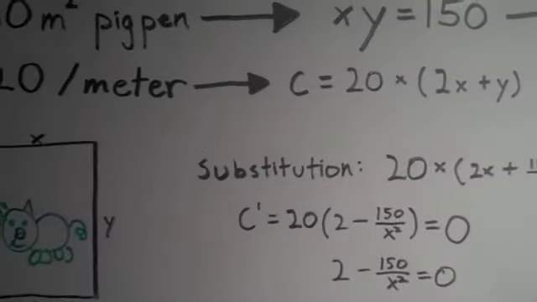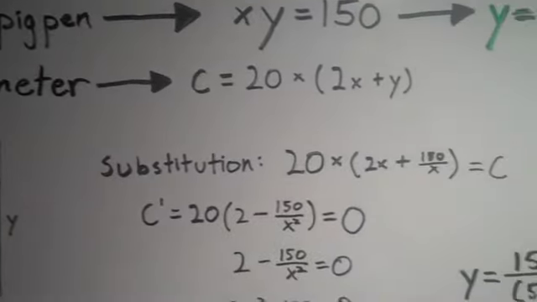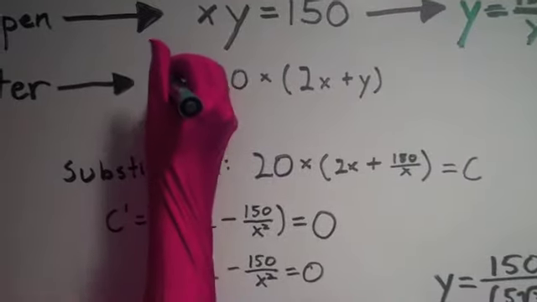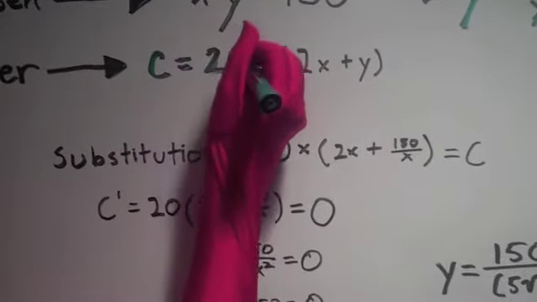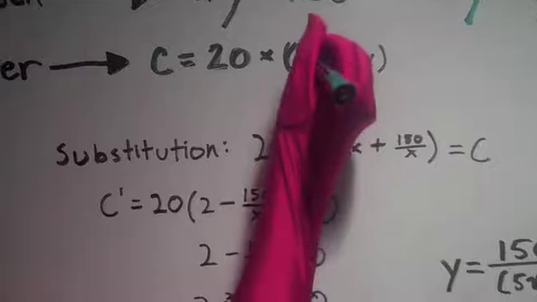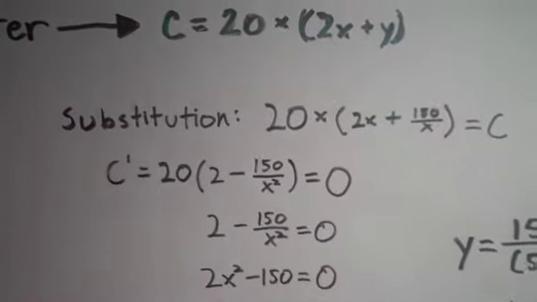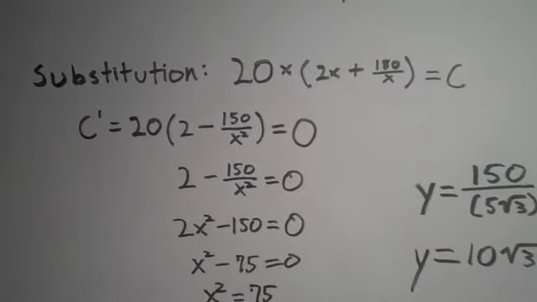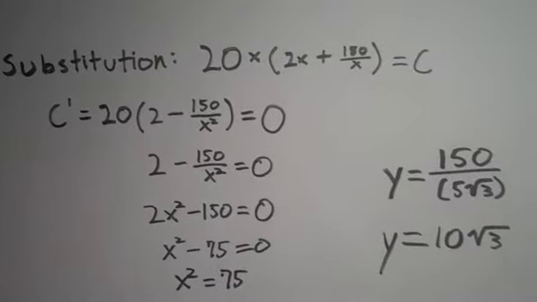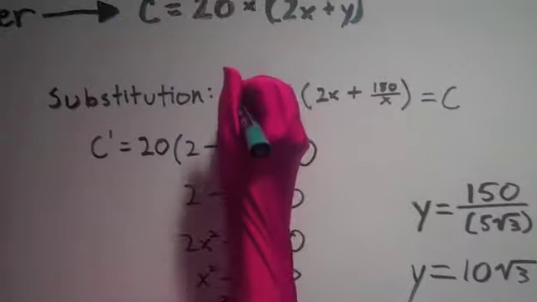The total cost of the fencing can be expressed by the equation c equals 20 times the quantity of 2x plus y. Now we can combine the two equations by substituting in y into the second equation.